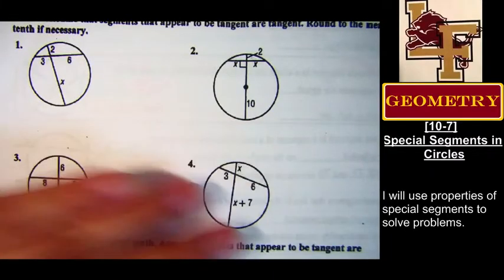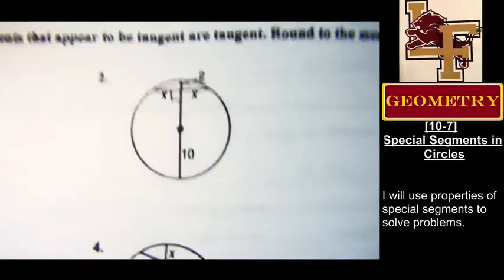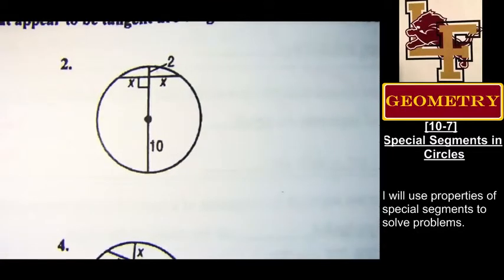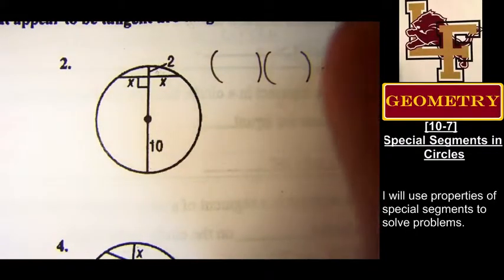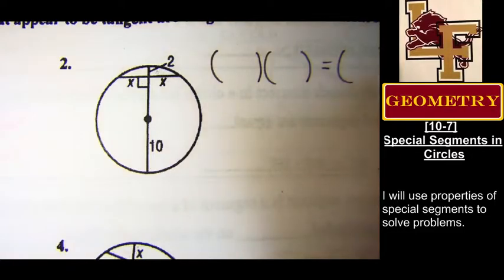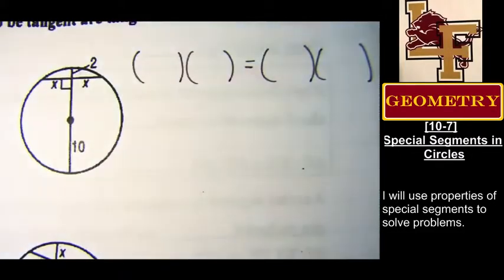All right, we'll do number 2 together. Is this a 2 chords intersecting inside of a circle thing? Yes. Okay, so that means that our formula says that we're going to take the 2 chord segments on one chord, multiply them, and they'll be equal to the 2 chord segments on the other chord.